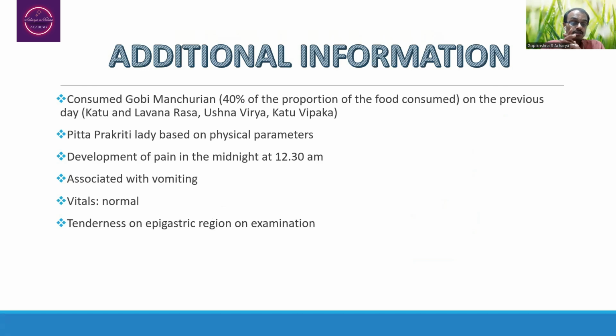That means 3 days back, she consumed gobi Manchurian, which has more spicy, more salty, and more sour taste. So that will have Katu, Amla, and Lavana Rasa, which has Tejo Mahabhuta dominance. That is associated with Ushna Virya and Katu and Amla Vipaka.